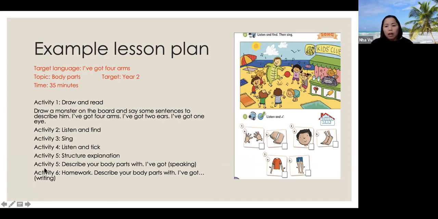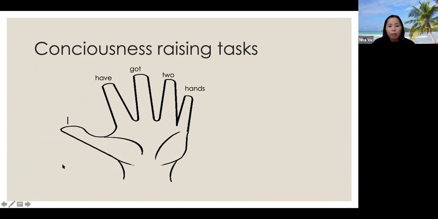Another activity that I recommend is also a combination of both functional and structural. We use the hands and have the students describe the body parts, and also learn the structure I have, with a lot of numbers.